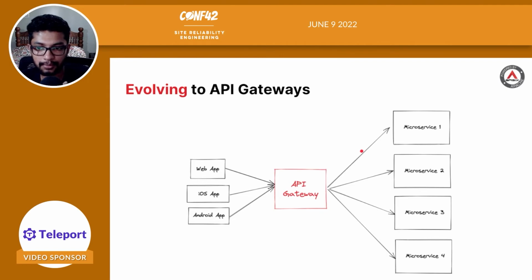So when talking in terms of observability, it abstracts out all the burden from each of the individual services into one standalone instance, and it can be managed centrally. An API gateway does a lot of functions.